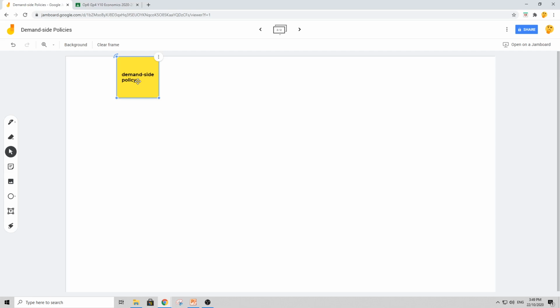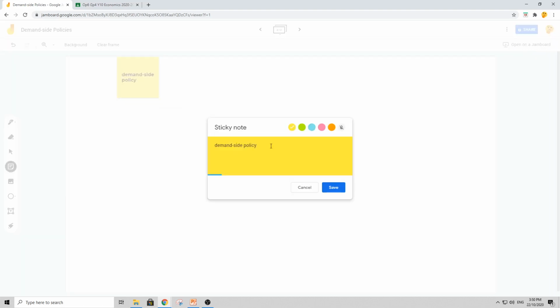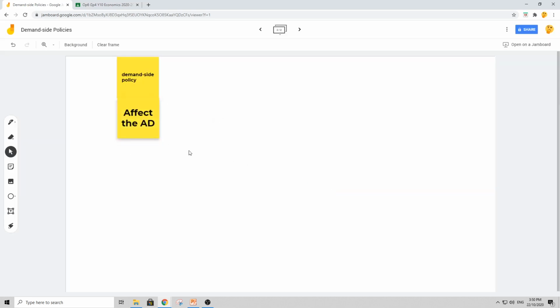What are we trying to influence when we are using demand side policy? Come on, if you know the answer, just type the answer quickly. Just be efficient. We want to affect the AD. So we want to affect the AD. Okay, so there is another step right after that. Talking about demand side policies, what policies do we have?